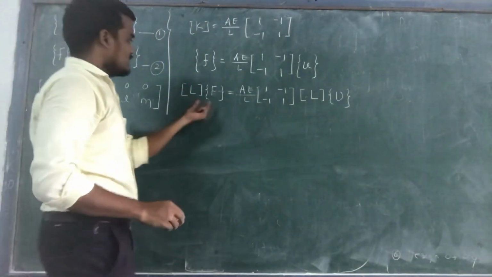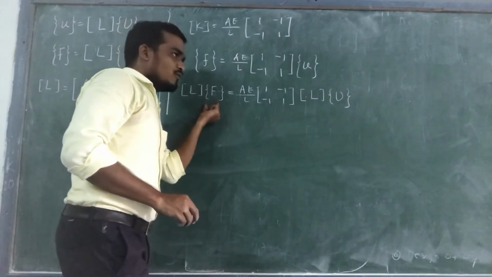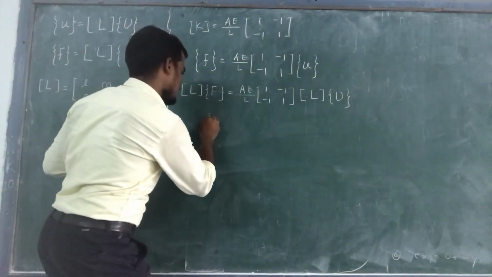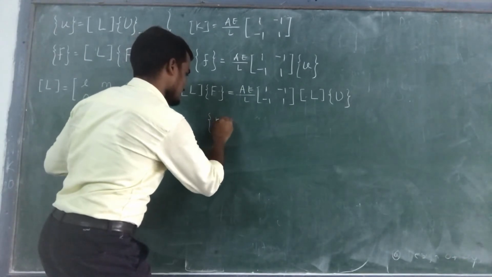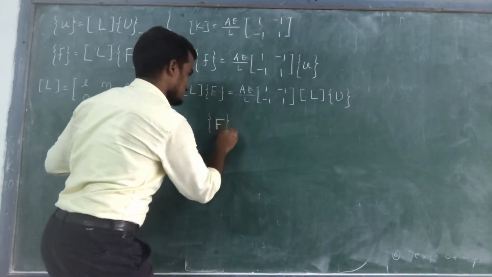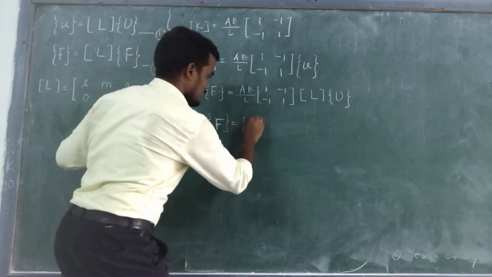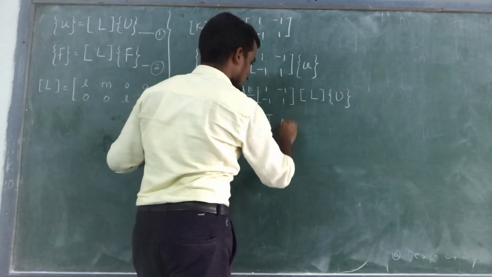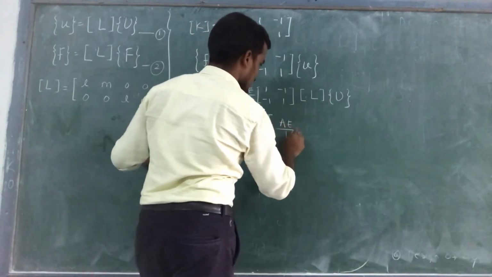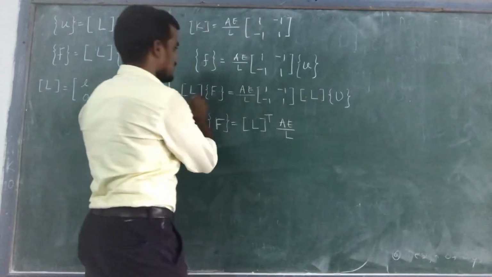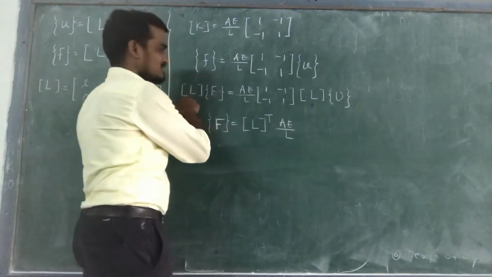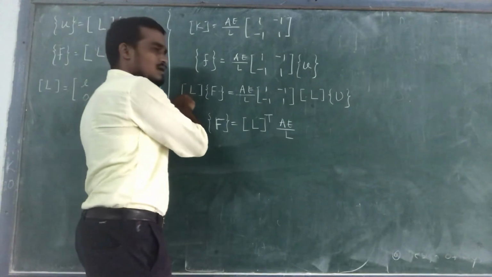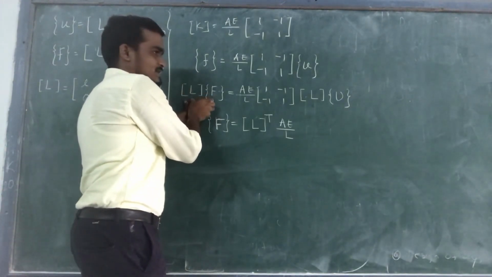So here we need only the force vector on the LHS. So it can be written as F is equal to L transpose into AE by L. This L and L will not be cancelled, because this is the multiplication of these two matrices.